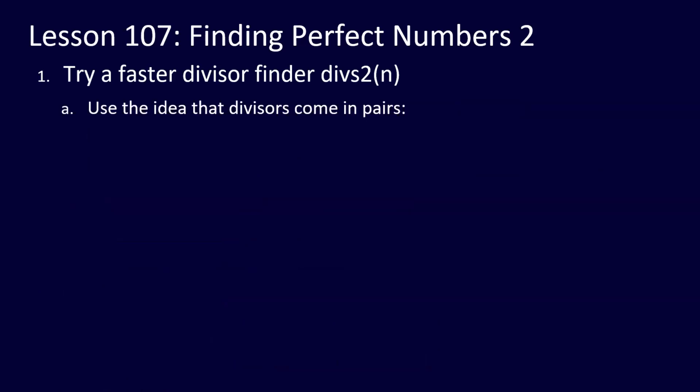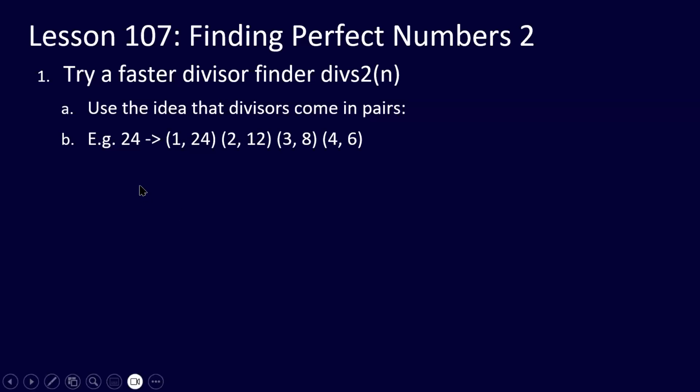Yeah, there is. We need to pay attention to the fact that the divisors almost always come in pairs. You know what I mean? Think of the case of 24. Okay, 1 is a divisor.